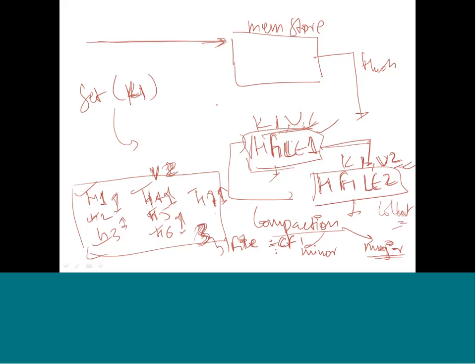You'll never have a situation where you'll have hundreds of files open, because if there are hundreds of files open, that means that much amount of data is also there, which means you have crossed the boundary of the region sizes. Make sense?